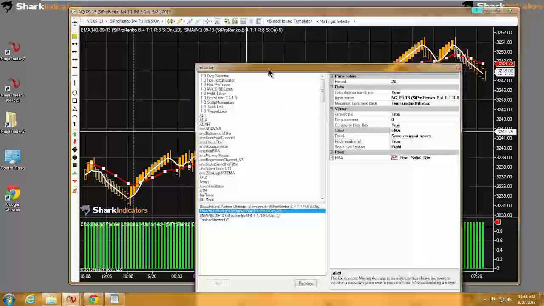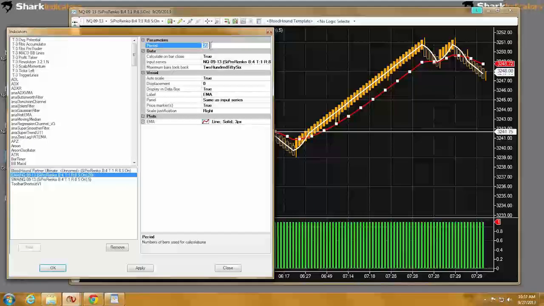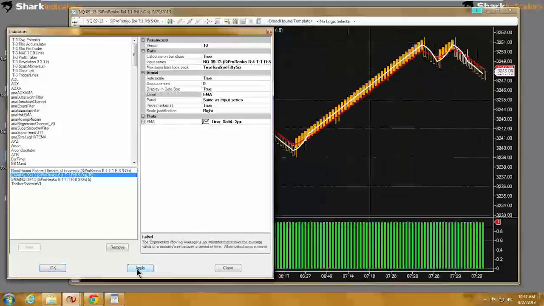I'm just trying to set up one of my moving average periods to give me a good visual demonstration. Let's see if that works.